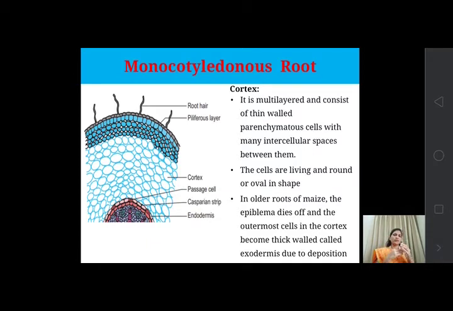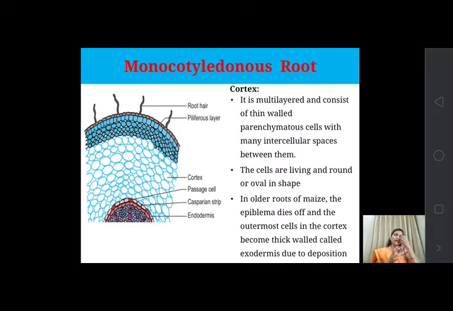As the root gets older, the single layered epiblema dies, and after the removal of these tissues, the place is taken by the thick walled exodermal cells.